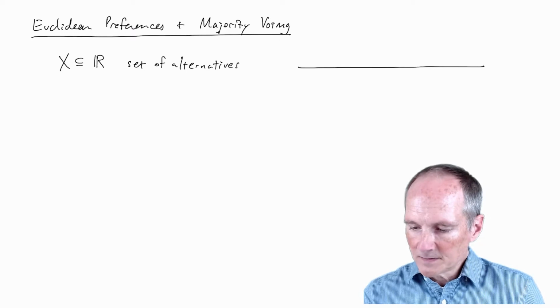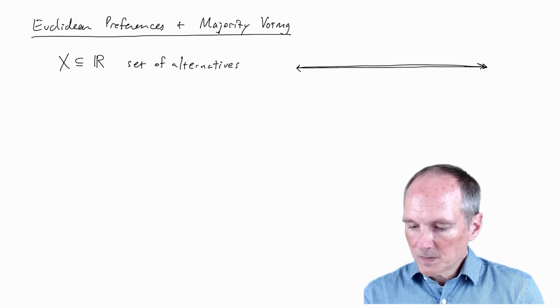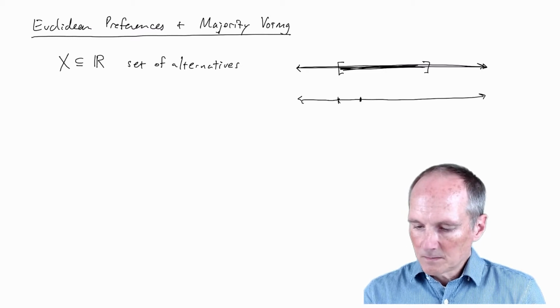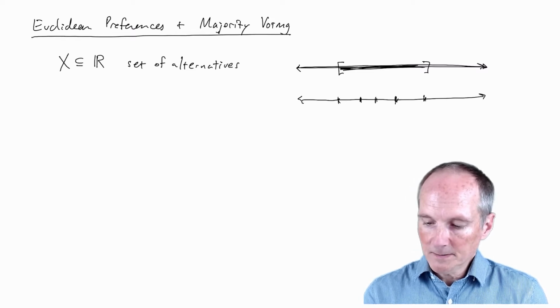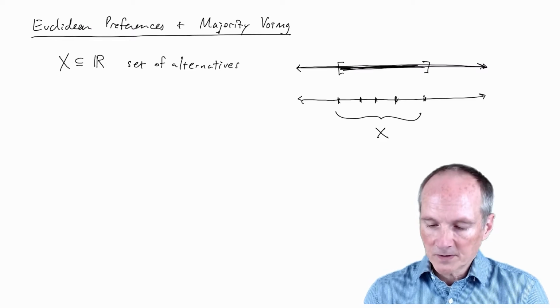And that means if this is the real line, X could be the entire line, or it could be just an interval in the line, or in fact, it could just be any finite set of alternatives or points on the line. So it's fairly general, but we're putting this one-dimensional structure on the set of alternatives.